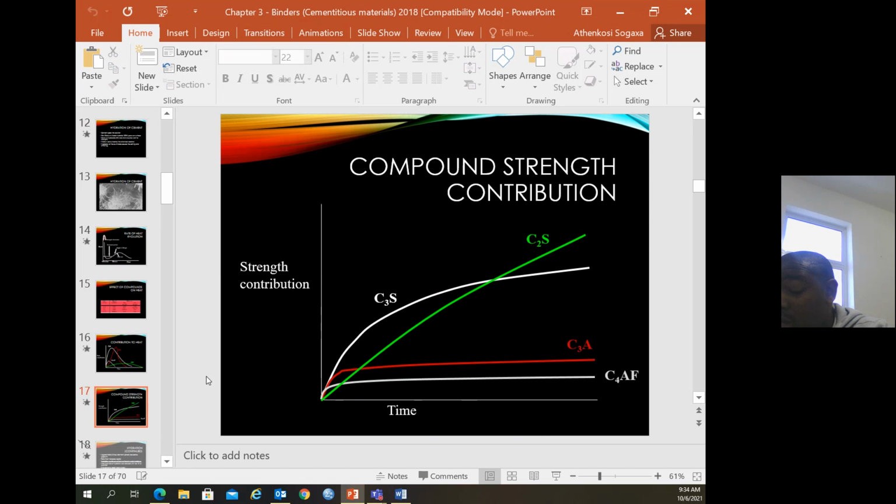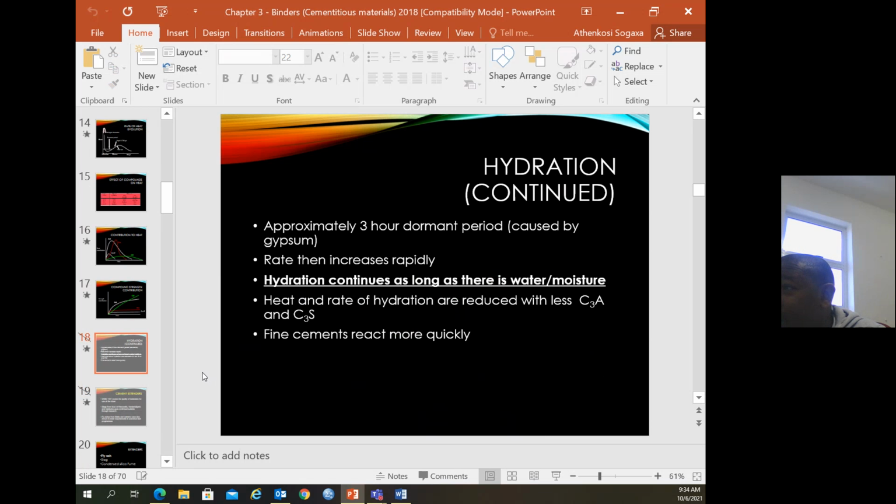The hydration continues, and at approximately 3 hours is the dominant period of the gypsum. The rate increases rapidly. Hydration continues as long as there is water and moisture.